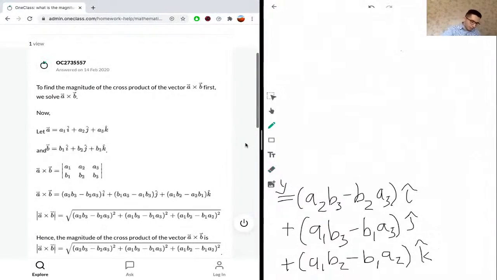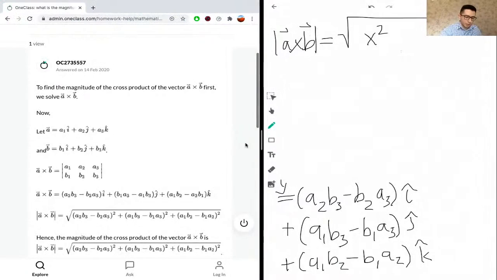So the magnitude of the cross product, the straight lines on each side being the notation for magnitude, is basically the square root of the x component squared plus the y component squared plus the z component squared.